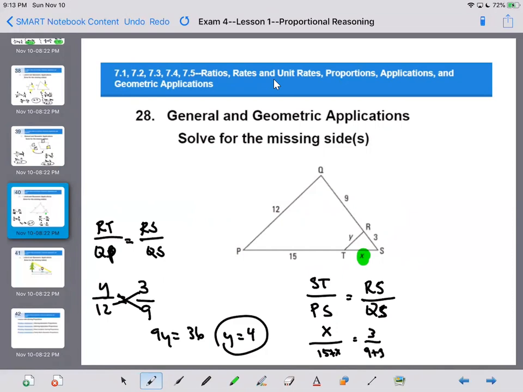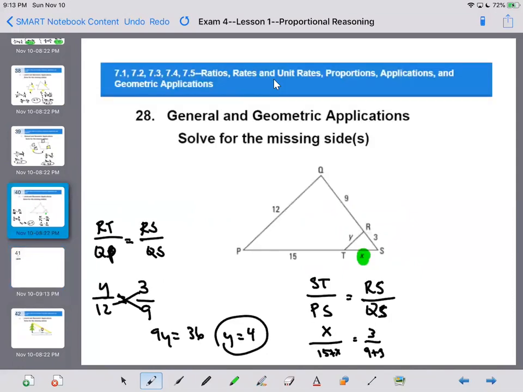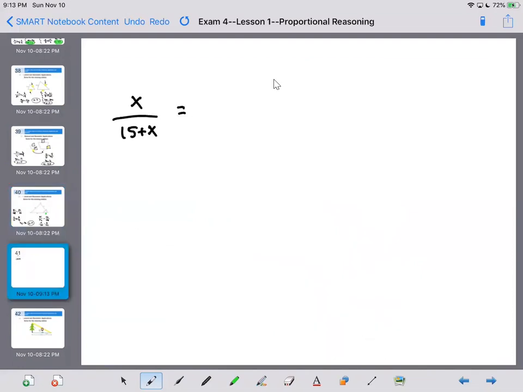So what I'm going to have here is x divided by 15 plus x equals 3 divided by 9 plus 3. So x divided by 15 plus x is equal to 3 divided by 12.